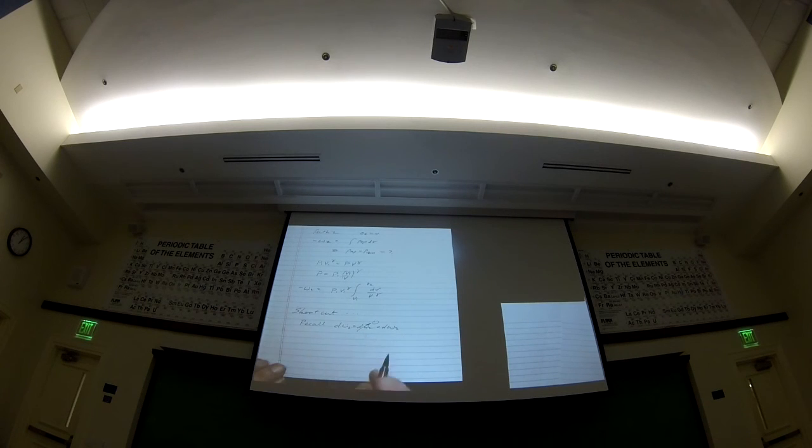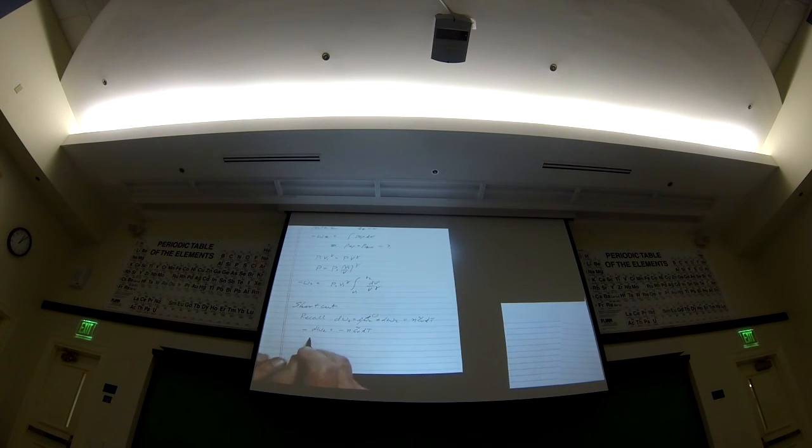So that work up there is also equal to nCV dT. So minus dW2 is equal to minus nCV dT, and minus W2 is just equal to nCV delta T. We just calculate delta T.